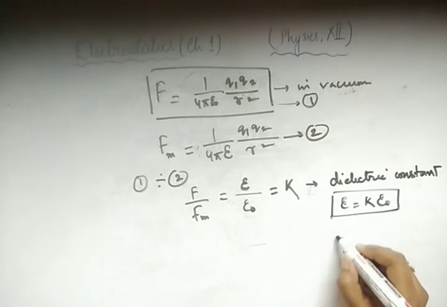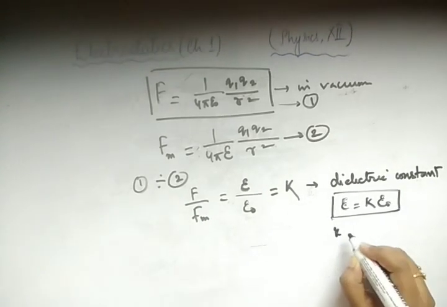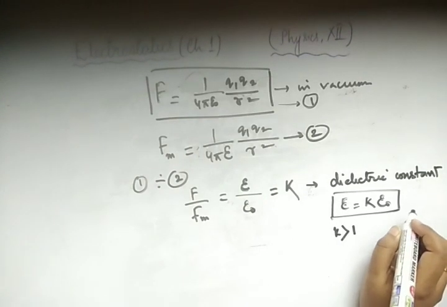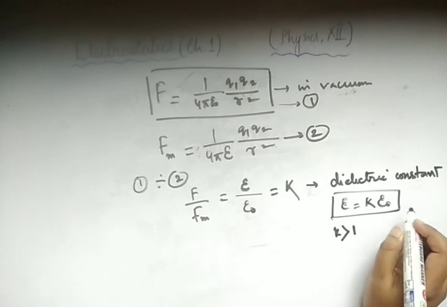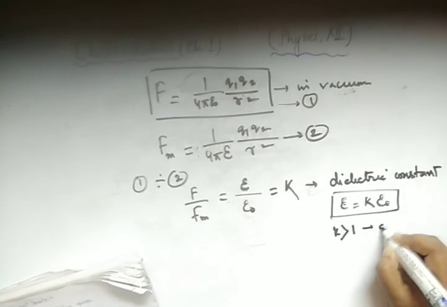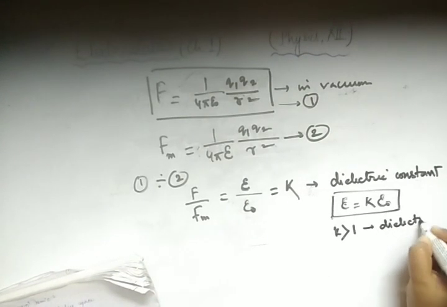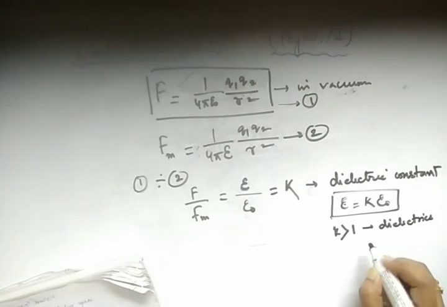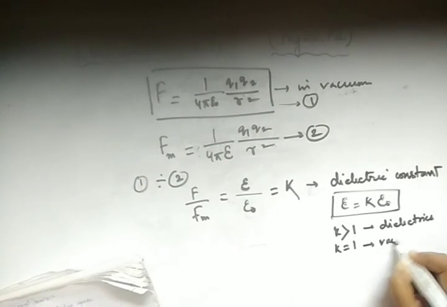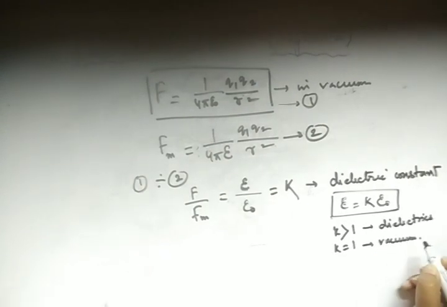So what is the value of K? K's value is greater than 1 for all dielectrics. What are dielectrics? Dielectrics are materials where the electrons are tightly bound to the nucleus. K's value equals 1 for vacuum.